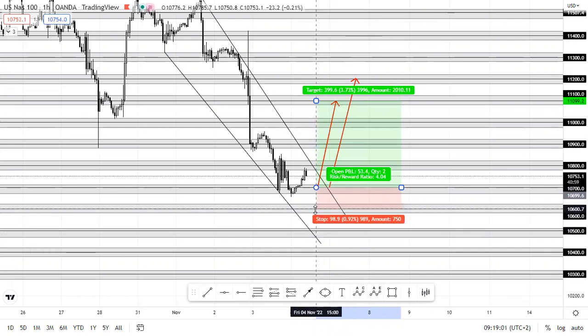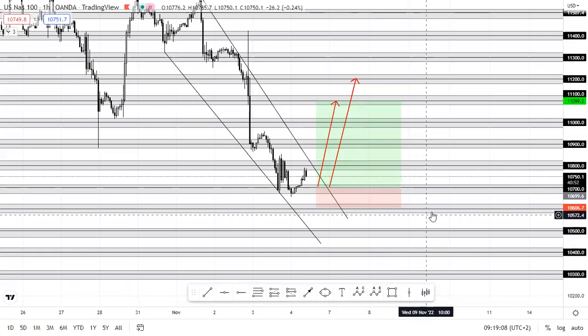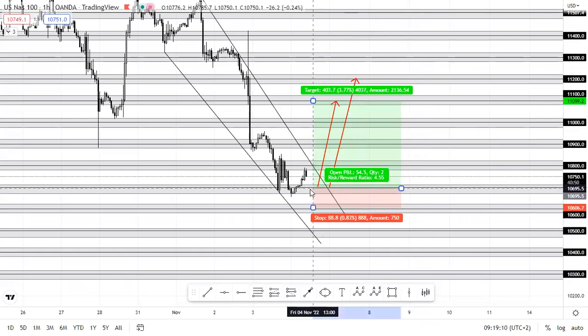Then our stop loss would be here at 10,600. So this would be our actual trade, like this. This is what we would be looking at NASDAQ to do. As you can see, it's already buying, kind of.